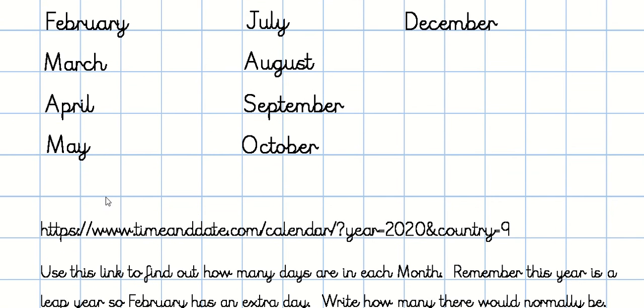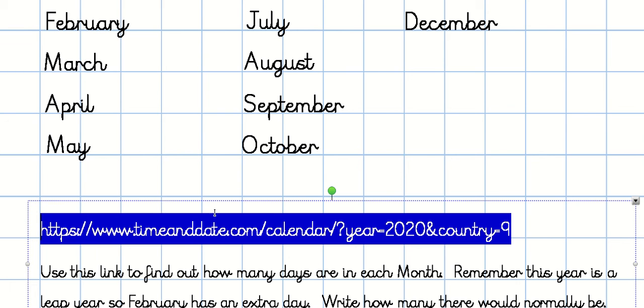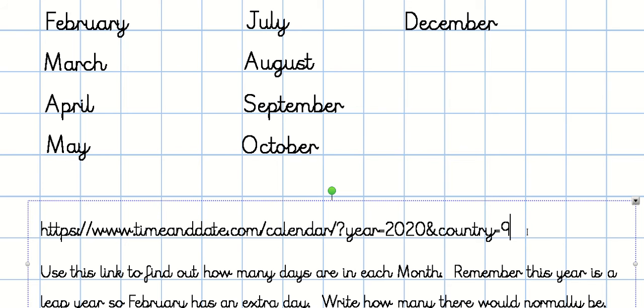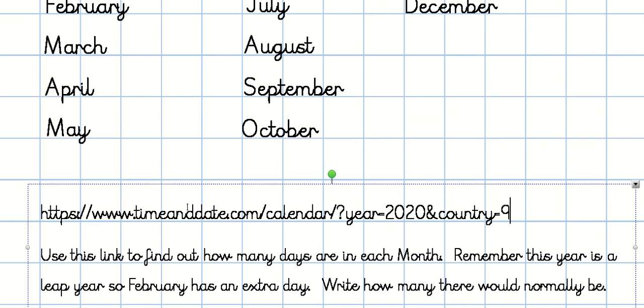So what we need to do is use this link here. If I highlight it. So we need to put this link into our computer or on our tablet, and that will bring us up a calendar. And we are going to use this link to find out how many days are in each month.